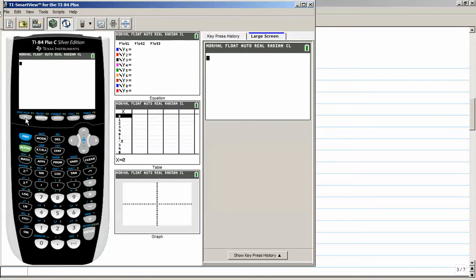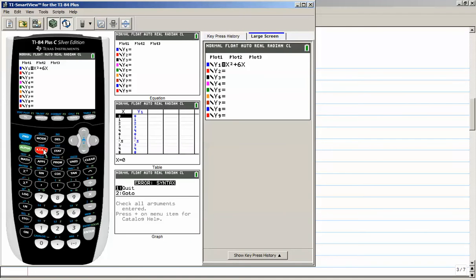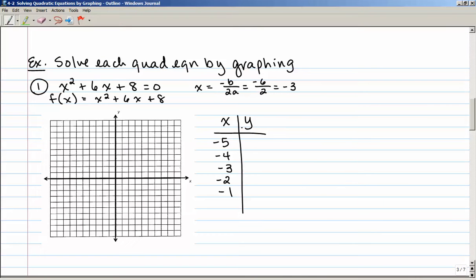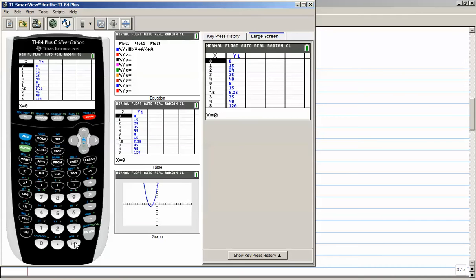So into y equals, I will put x squared plus 6x plus 8. Okay, I can go to my table, and I will enter the values of x that I wanted, so basically negative 5 through negative 1. And I think I'll make the calculator do the work for me here.